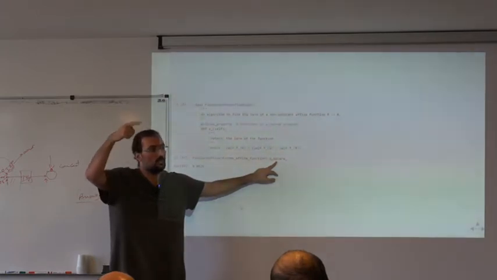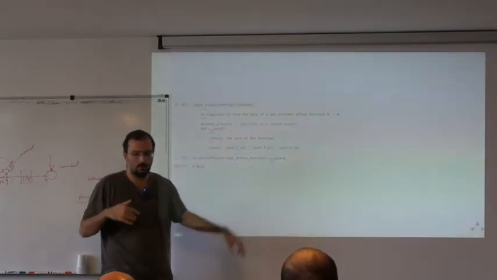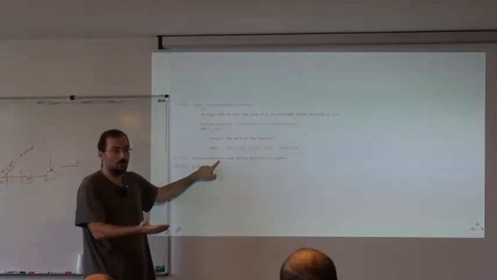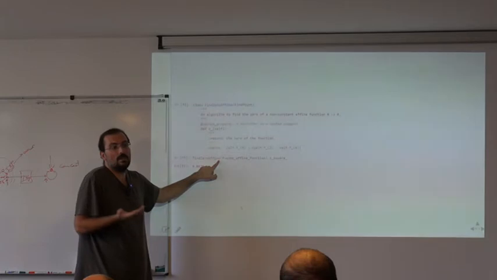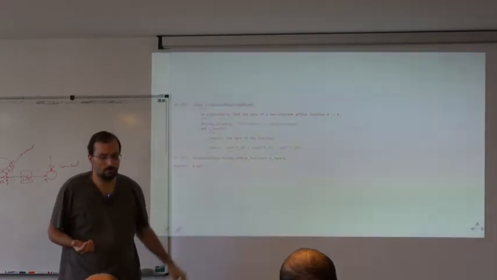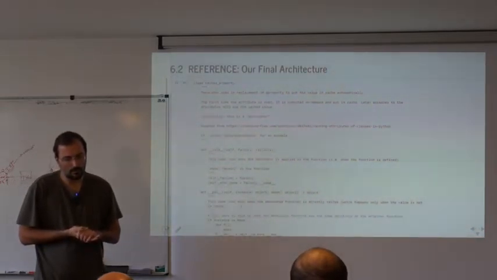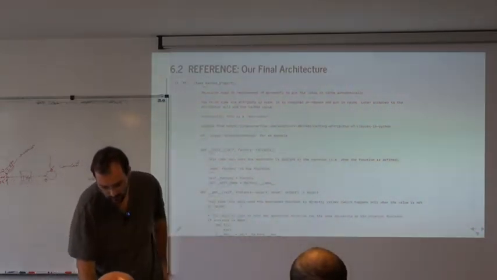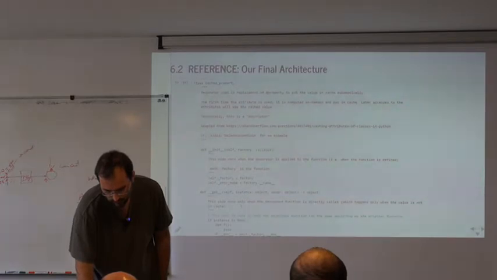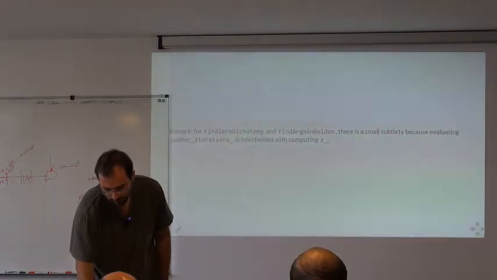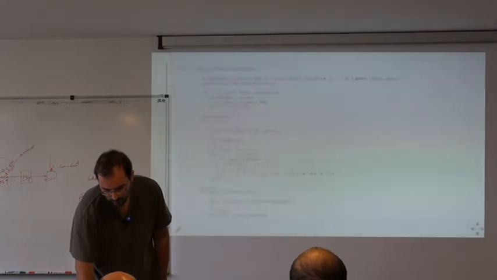The computation of z will be computed, it will be cached, and so on. So after that, if I ask for z underscore, of course it will not be computed because it is already computed and stored. Once again, this is just a reference to have the final version of the architecture. I will not dwell on this.